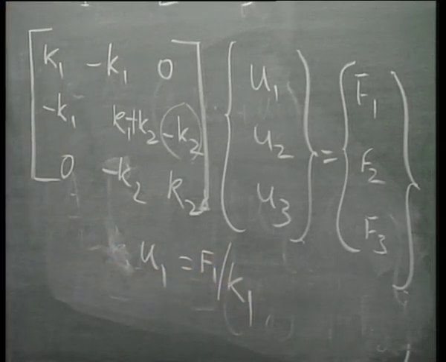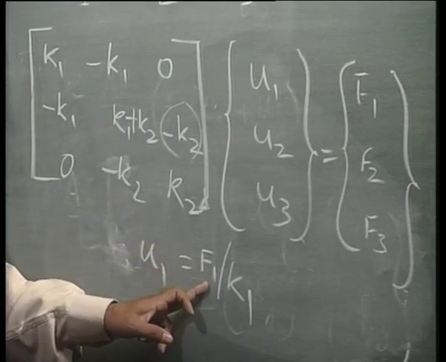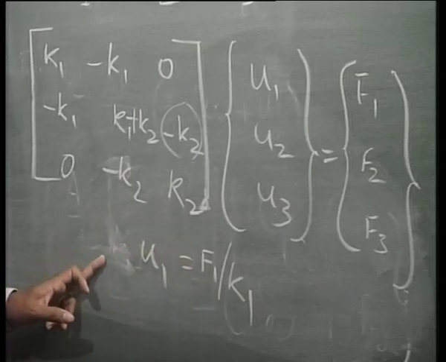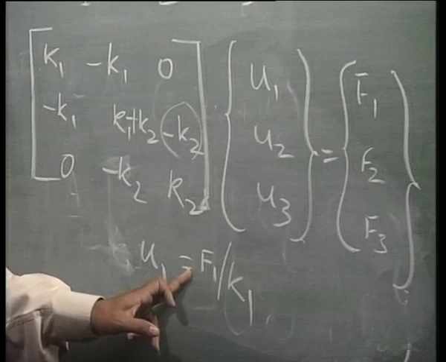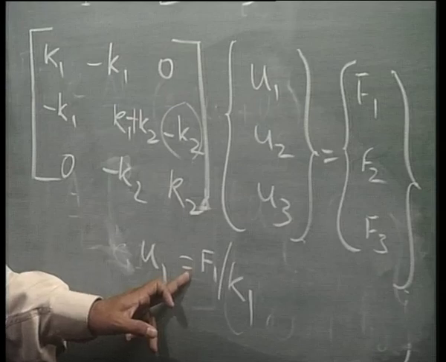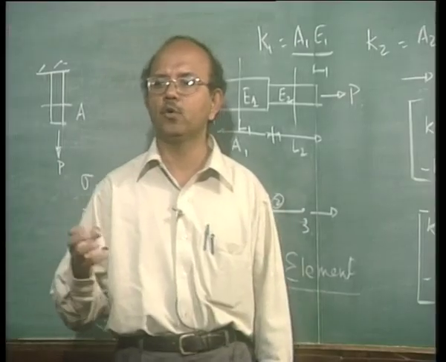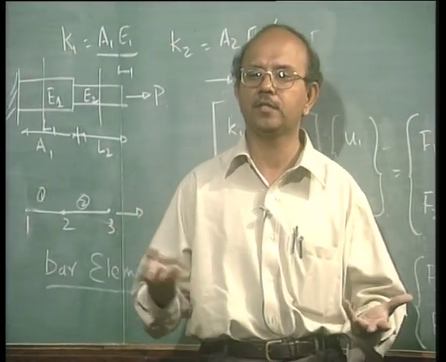What does this tell? If I apply a force F1, then U1 would follow the force in the same direction as we know, as long as K1 is positive, right. So if I apply a force, I know that the displacement has to be in the same direction, it can't be in the opposite direction.